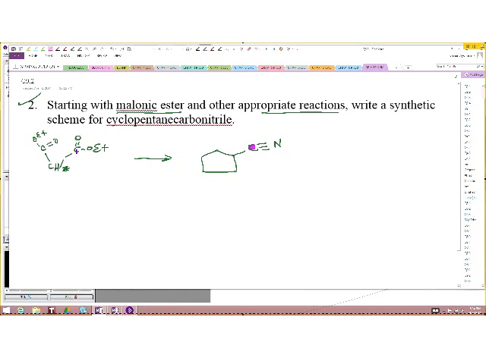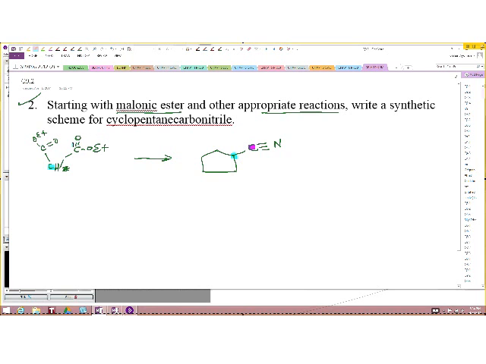That will be your first assumption. And if that is the case, then you make another assumption that this carbon alpha to the carbon-nitrogen triple bond will have to be this alpha carbon, alpha to this carbonyl right here.